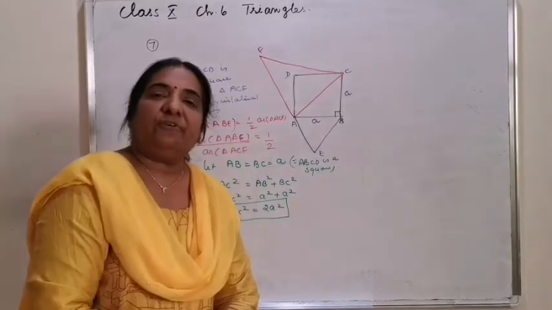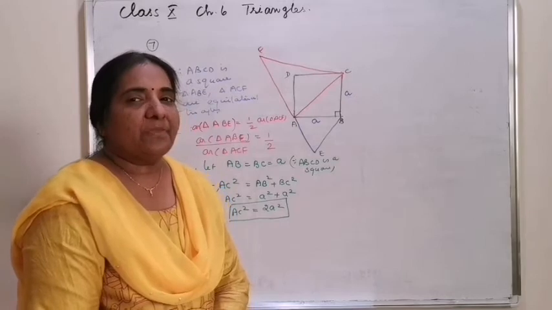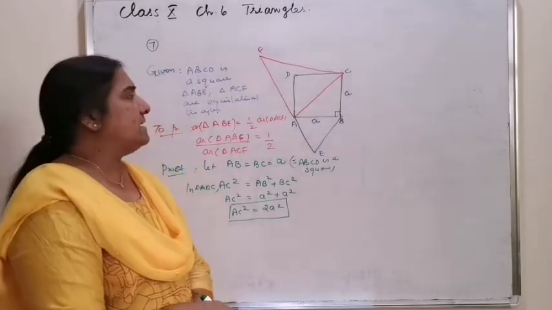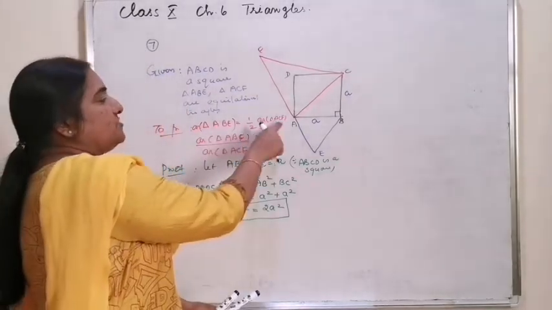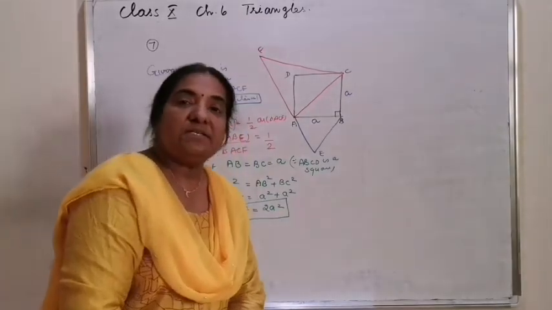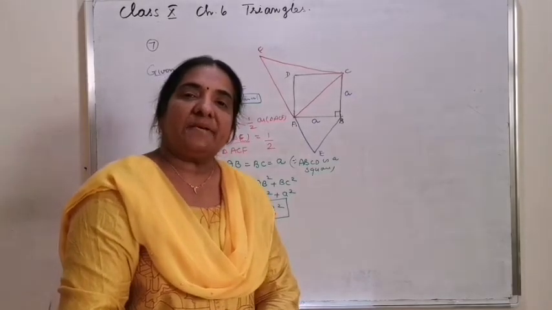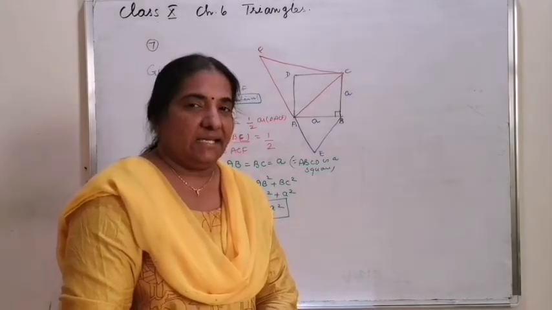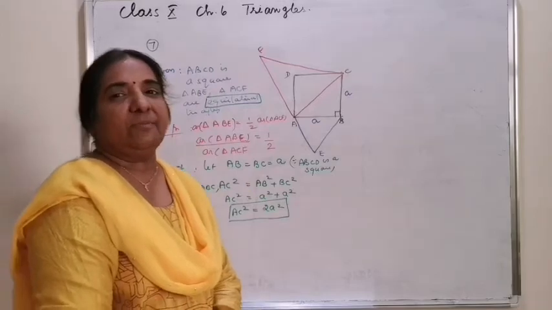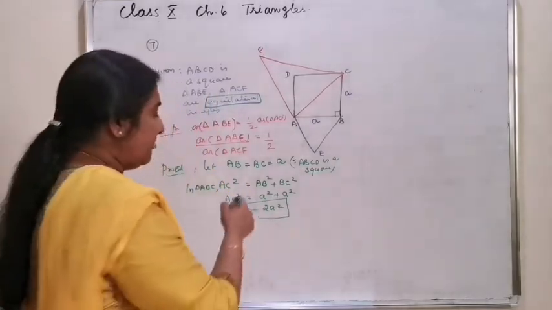If you are required to find the areas, first you should see whether the triangles are similar. What type of triangles are triangle ABE and triangle ACF? They are equilateral triangles. What is the peculiarity of equilateral triangle? All angles measure 60 degree. Therefore, the triangles automatically will be similar by AA similarity.